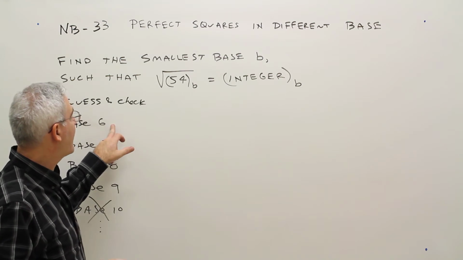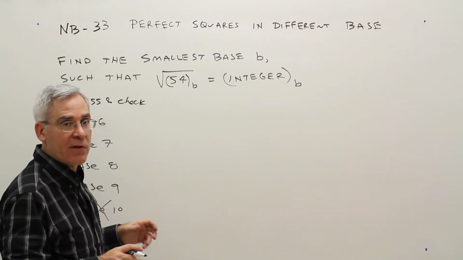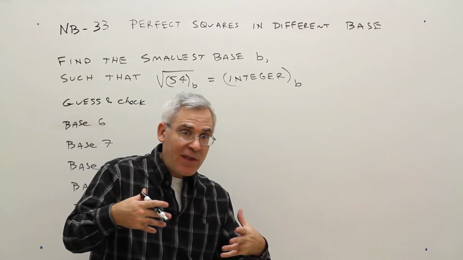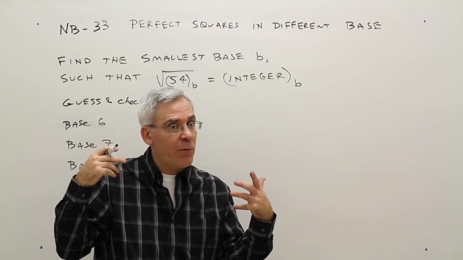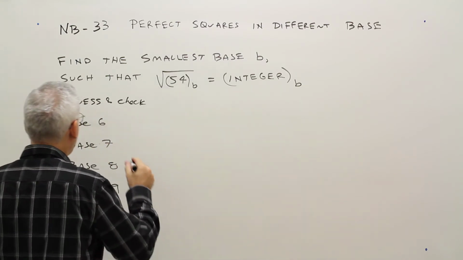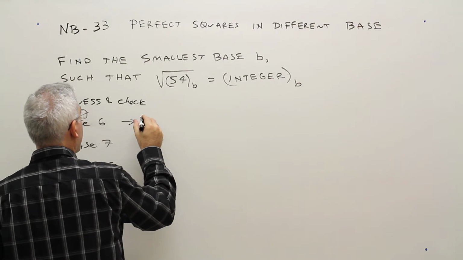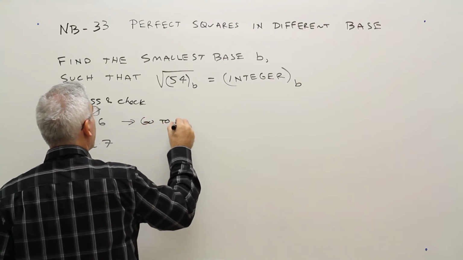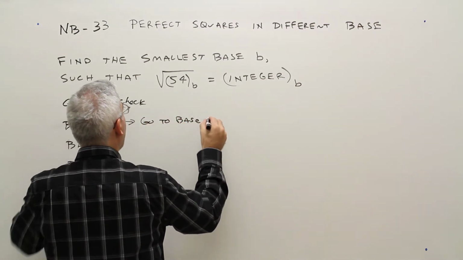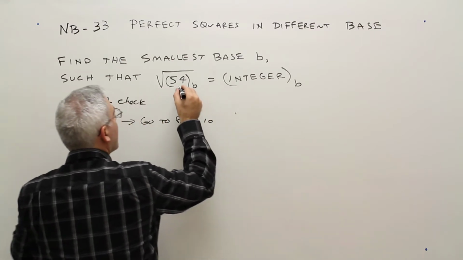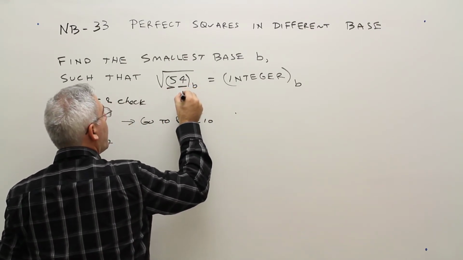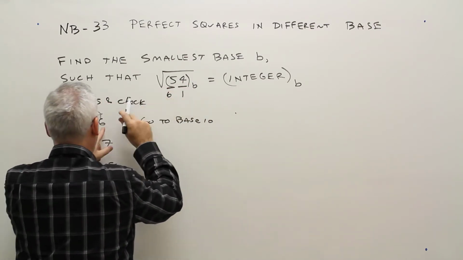Okay, so let's go to base 6. So if this were base 6, let's expand it to base 10, because I'm really good with my perfect squares in base 10. So go to base 10. This would be the 1s, and that'll be the 6s.